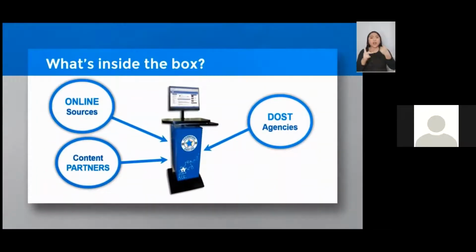So saan nagmumula ang ating mga content? Nung una po kasi, galing lang kung ano lang po yung meron tayo kay library, yun lang yung nilalagay natin. Ngayon po, kumukuha na tayo sa iba't ibang sector. Meron tayo from online sources, we also have content partners, and of course, mula sa ating attached agencies ng DOST.